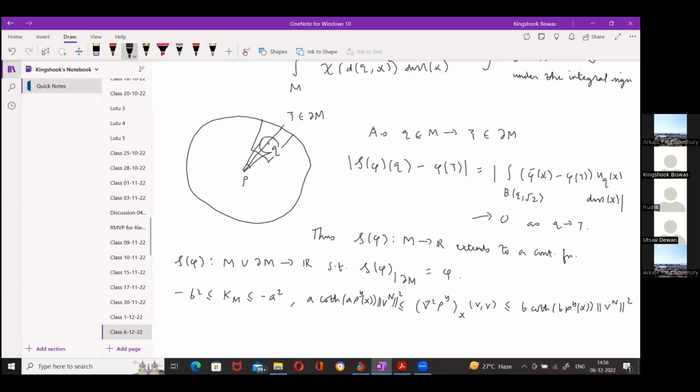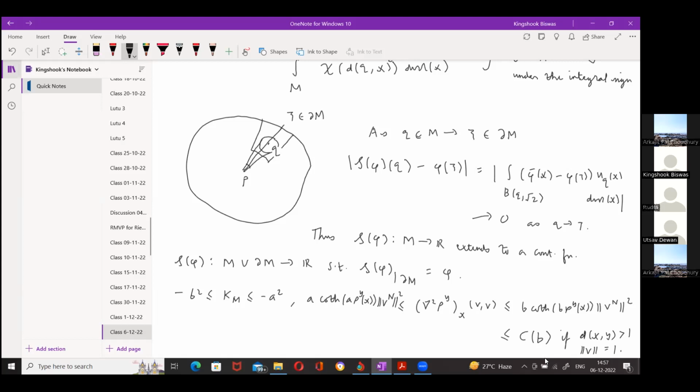But the point is, if this distance xy is bounded below, let's say it's greater than or equal to 1, then this will be less than some constant only depending on b, if d(x,y) is greater than 1, let's say, and norm v is equal to 1. Is this clear?